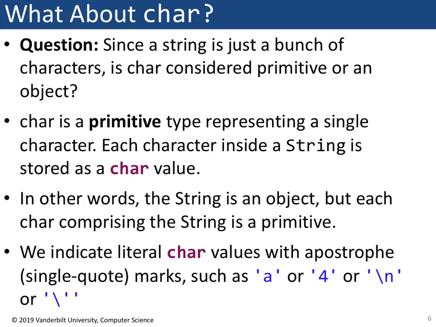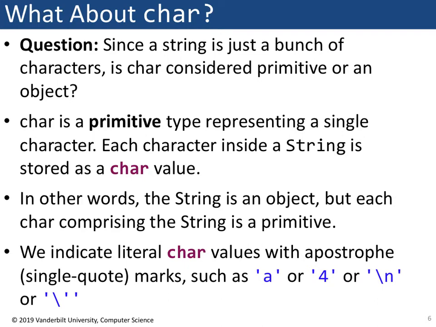So string is a data type which is used to house multiple chars. Each individual character inside of a string is stored as a char value. But the nice thing about a string type is that it allows us to have multiple chars stored in one variable.